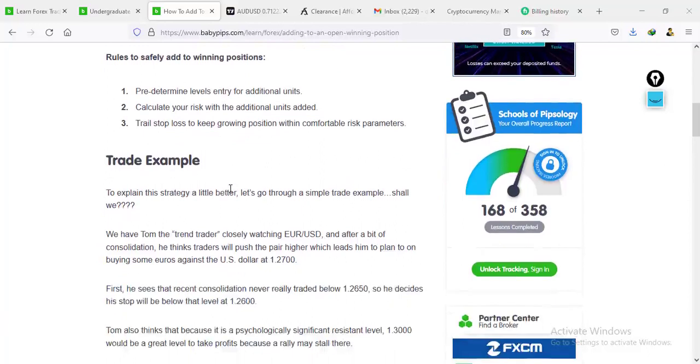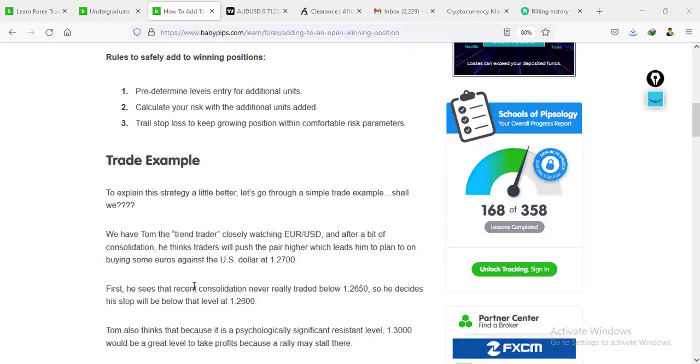Now trade example. So let's say we have Tom, the trend trader, who is closely watching Euro USD, and after a bit of consolidation, he thinks that the price of Euro USD will continue to push higher, which leads him to plan to buy more units of Euro USD at the price of 1.2700. So he first sees a recent consolidation level nearly traded close to 1.2650.